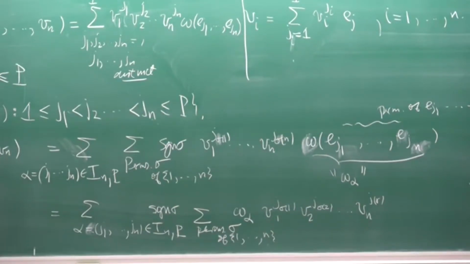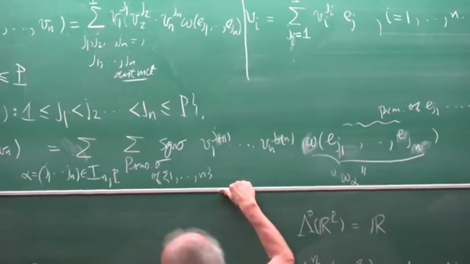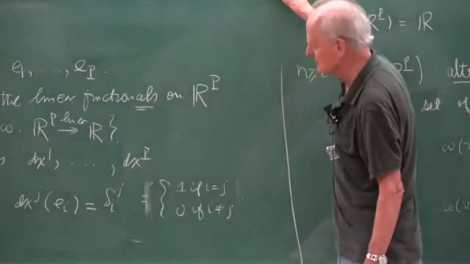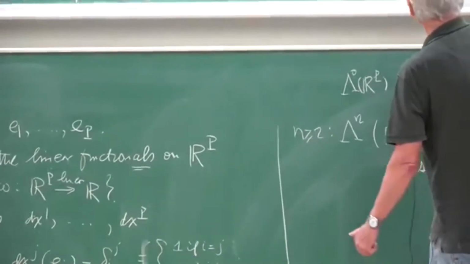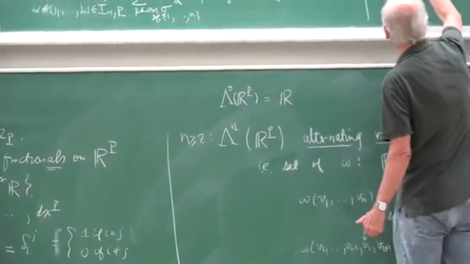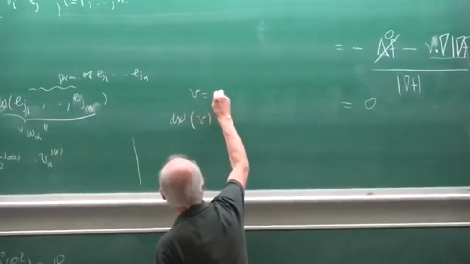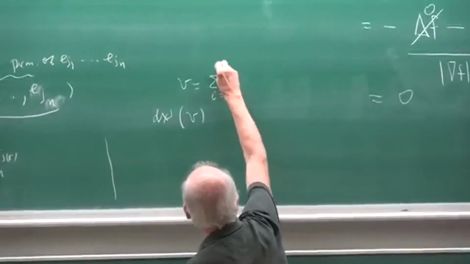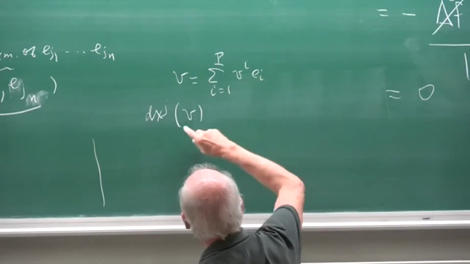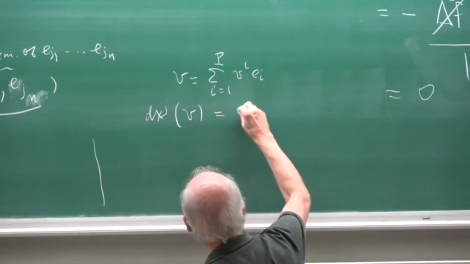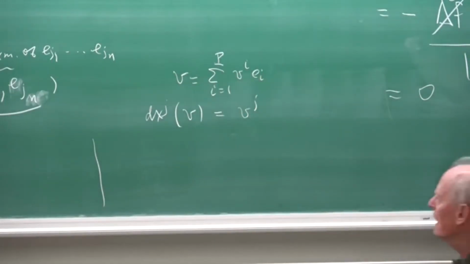Remember we have these forms dx j, the dual basis: dx j of e i equals delta ij. Notice that dx j of v, since v is equal to the sum over i of v i e i, will just pick out the jth component, v j.